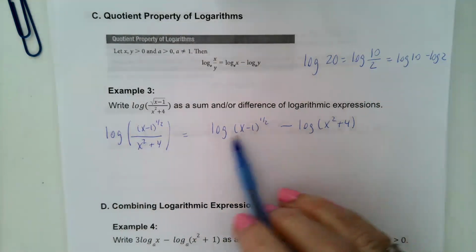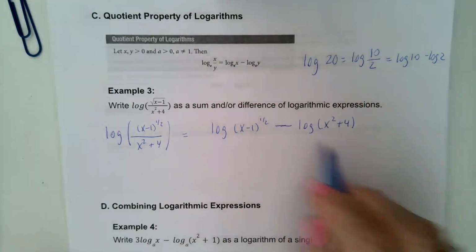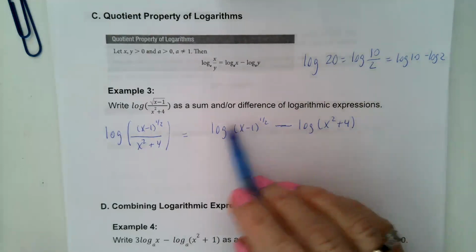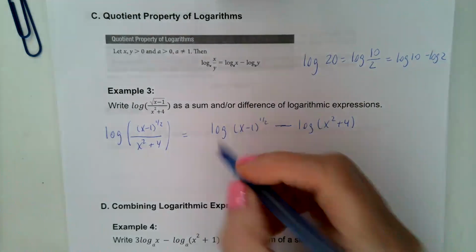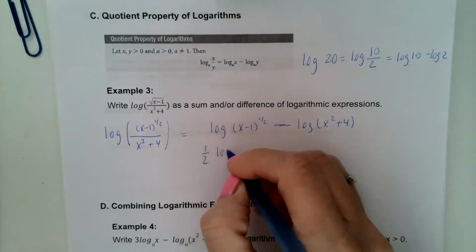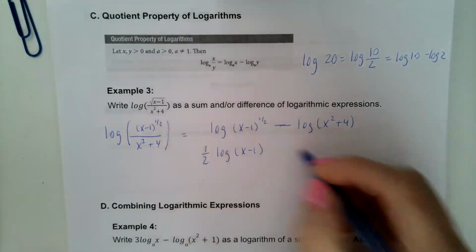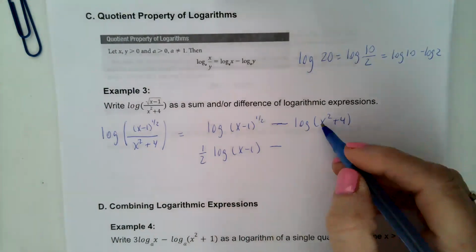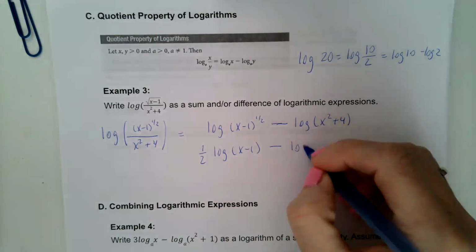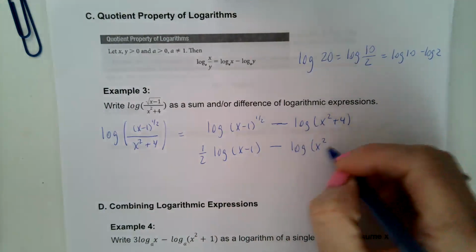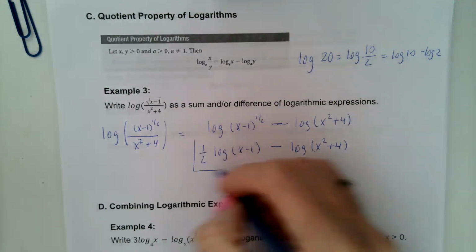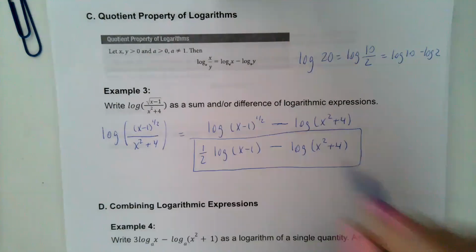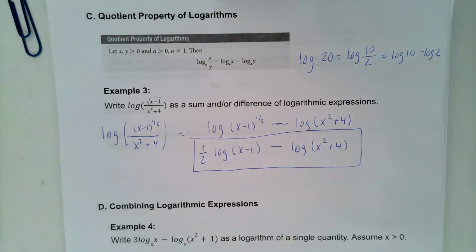And so I separated that by a subtraction. And then my log of x minus 1 to the 1/2, I can bring my 1/2 out front. I can't split up this x minus 1, and I can't split up this x squared plus 4. So this is what I'm left with. But it is going to help us that we can break apart products and quotients of logarithms.